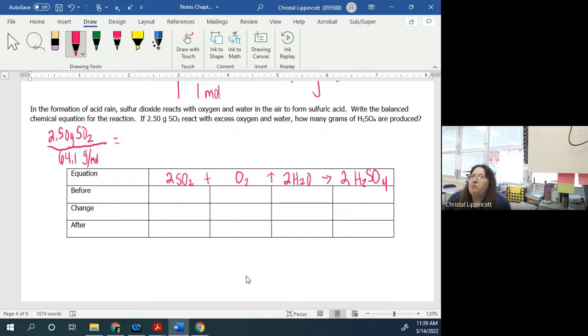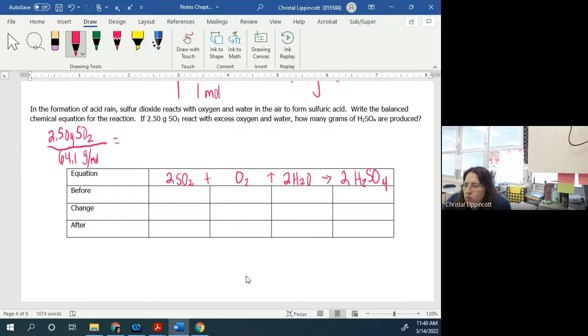All right. Next step is I need to take my grams of SO2 and I need to convert that into moles. So I take my 2.5, I divide it by 64.1.